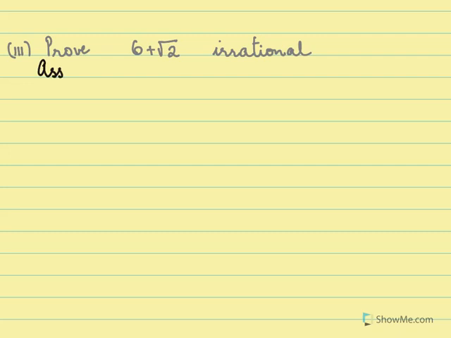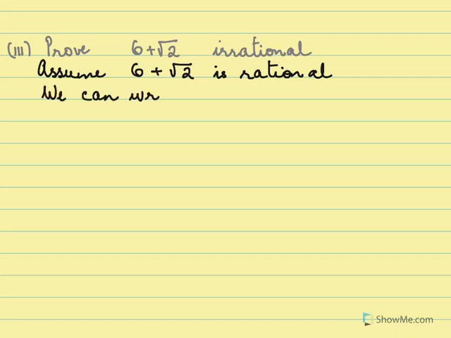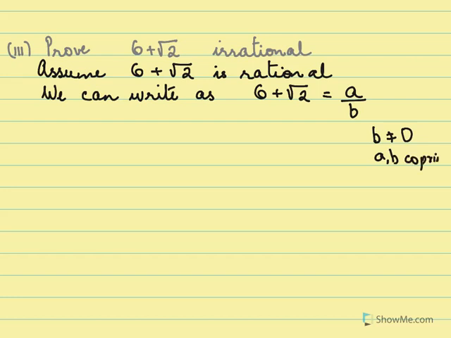Prove that 6 plus under root 2 is irrational. So first we assume just the opposite. Assume 6 plus under root 2 is rational. Now if it is rational, we can write 6 plus under root 2 equal to a over b, b not equal to 0, a, b co-prime.